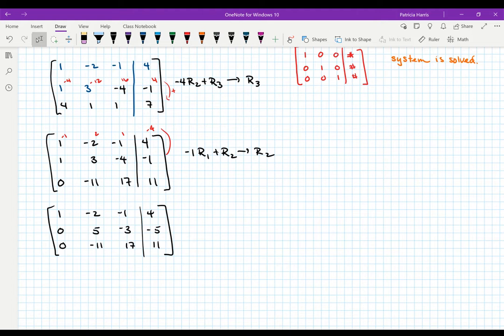Okay, so let's see. Let's do this. Let's multiply by a scalar, row 3. So I'm going to multiply row 3 to get a new row 3.